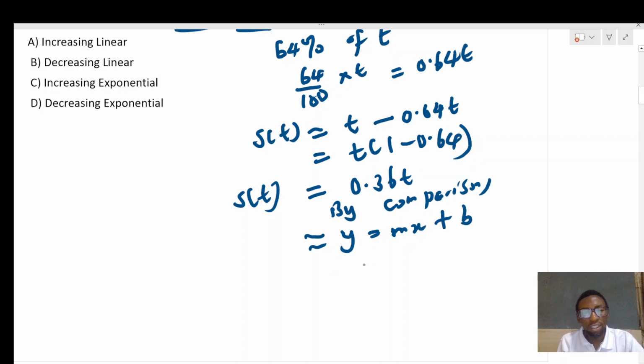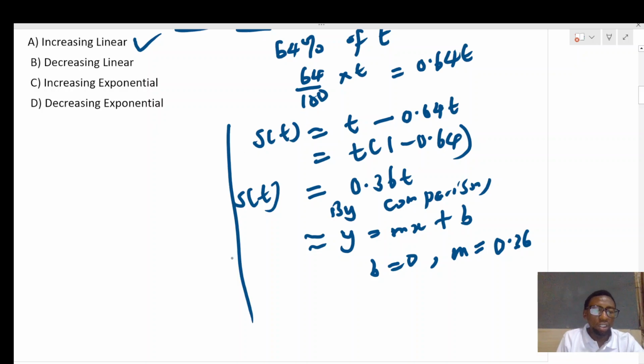In this case, our b is 0 and our gradient is 0.36. Since our gradient is more than 0, it's not negative, so it's going to be increasing linear. So our answer is increasing linear. Let me really talk about increasing linear.